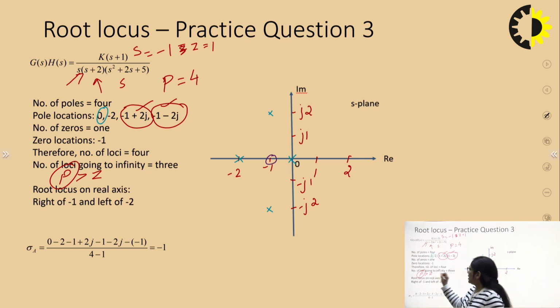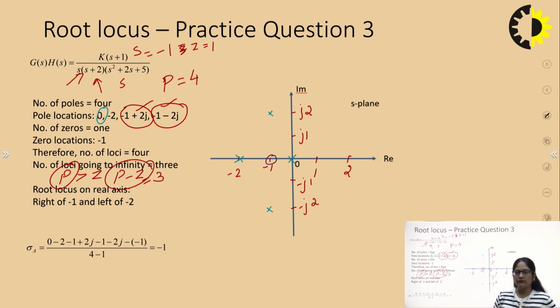Now to know how many loci will move towards infinity, starting from the varying parameter k = 0 to k = infinity, we can check that P minus Z is equal to 3. So the number of loci which will go to infinity is 3.